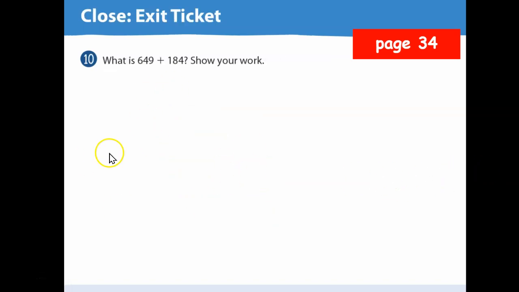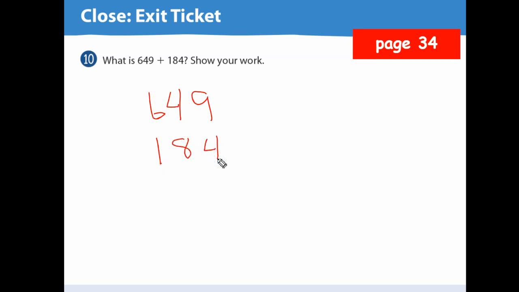Okay, work that out. Now, if my problem is vertical like this, how else can I write it? Horizontal, right? Like this, 649 plus 184.